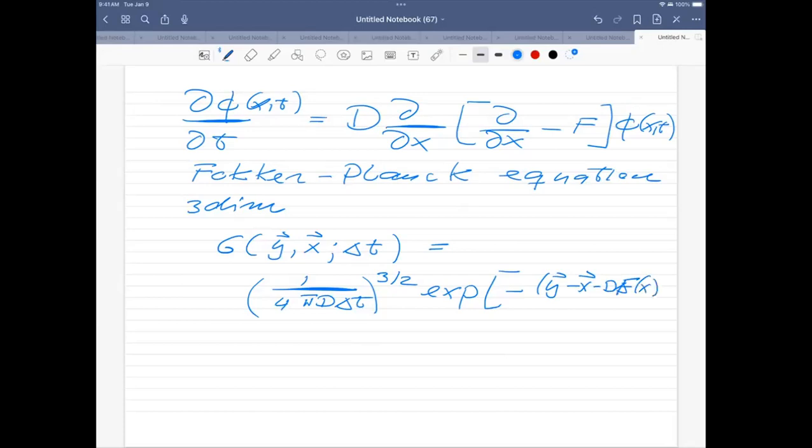So that's the force in the position x divided by 4D delta t.